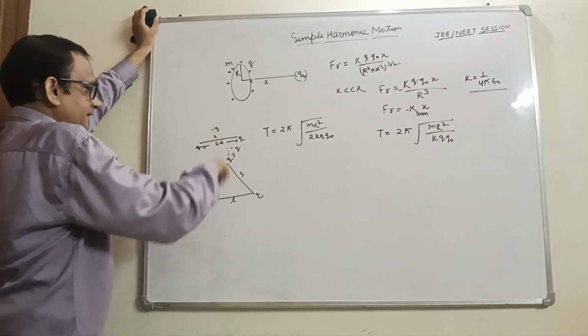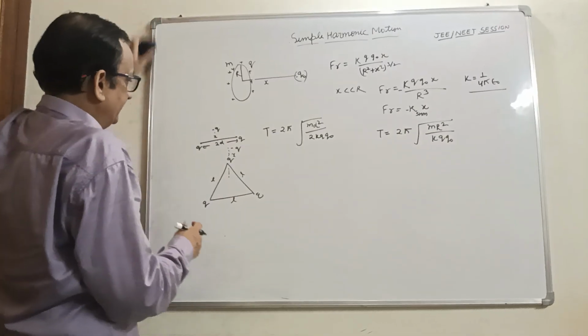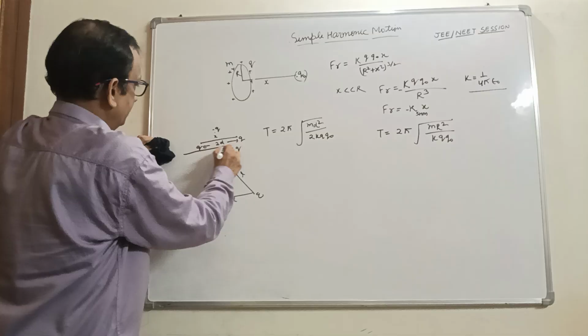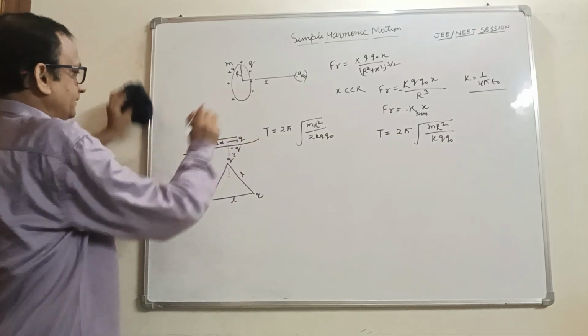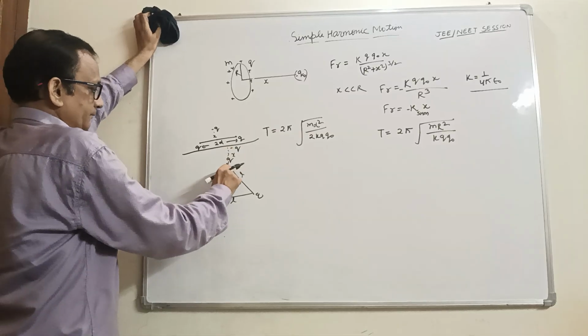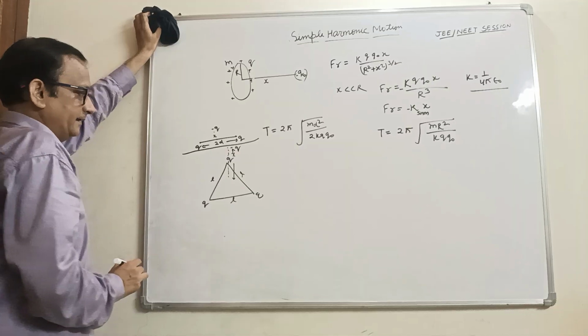This minus q charge oscillates in this setup, so we have to find its time period. This is the scenario for this. So the minus q charge is placed at x distance from the centroid.